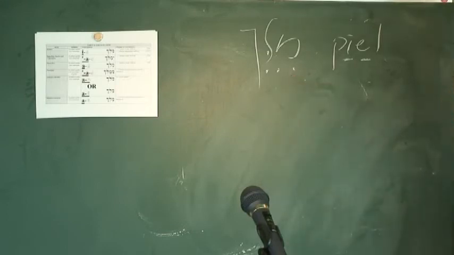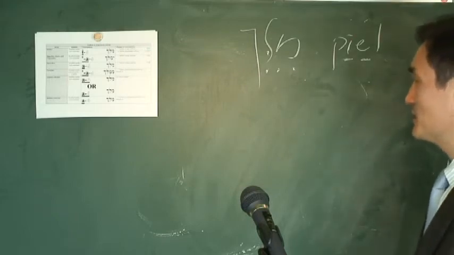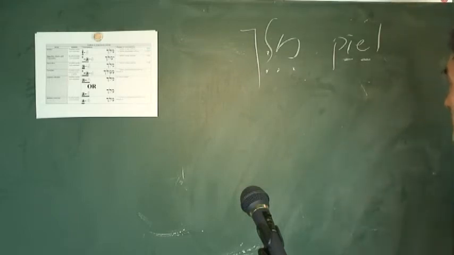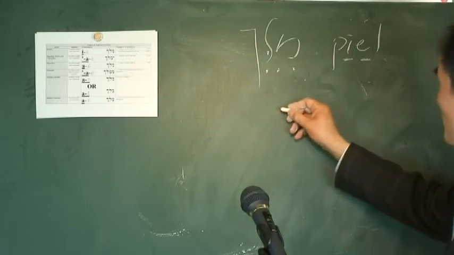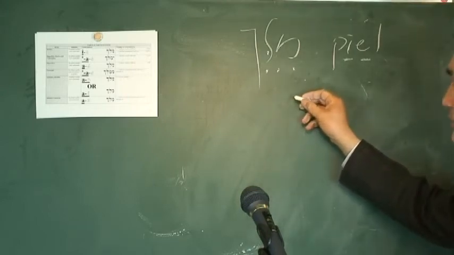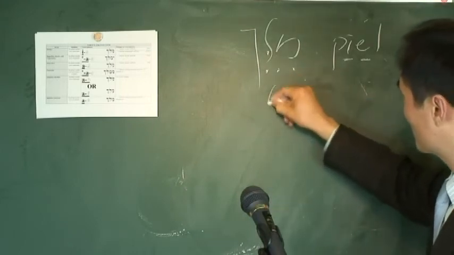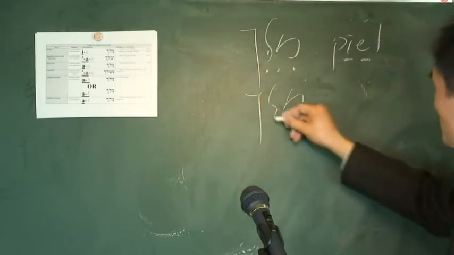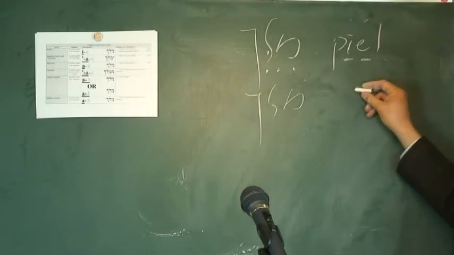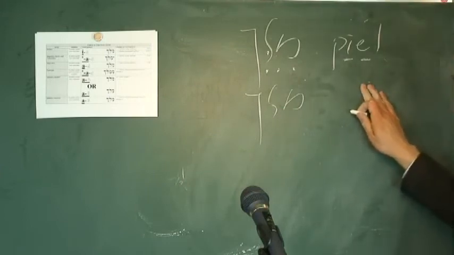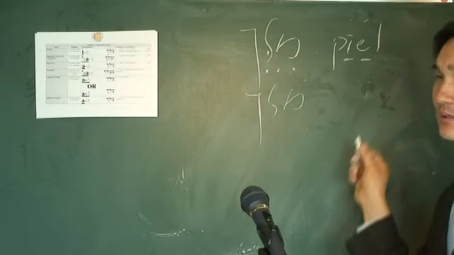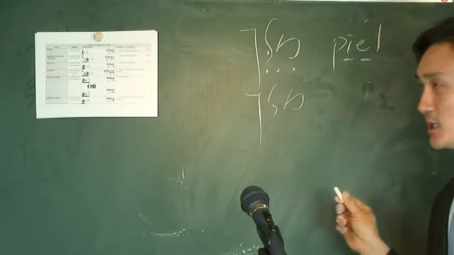When we read the word, we would read it as millek. Next, let's make the imperfect form. We can find the imperfect form from its name.